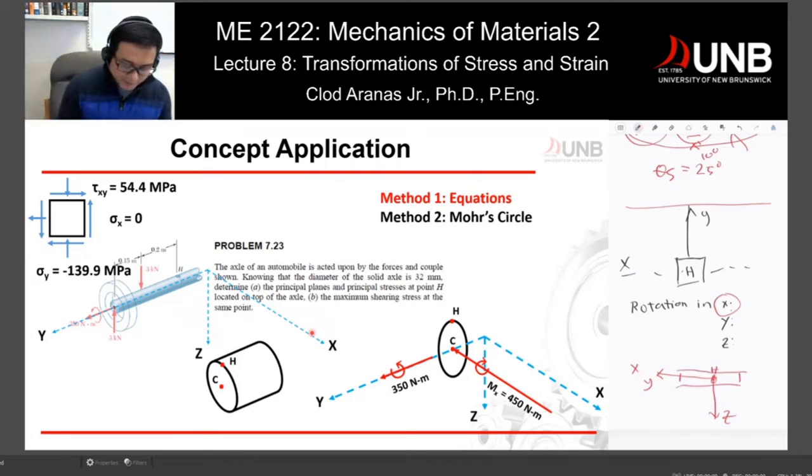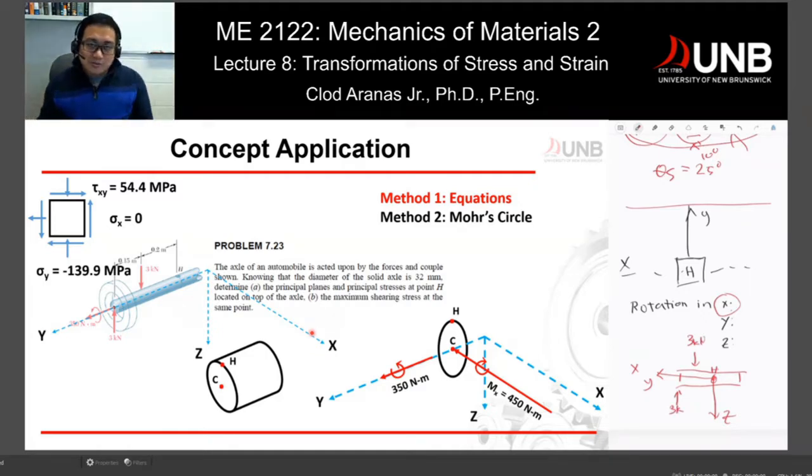But I have 2 different forces, 3 kilonewtons each, at a certain distance from point H. These 2 forces, 3 kilonewtons down and 3 kilonewtons up, are producing a rotation along X.